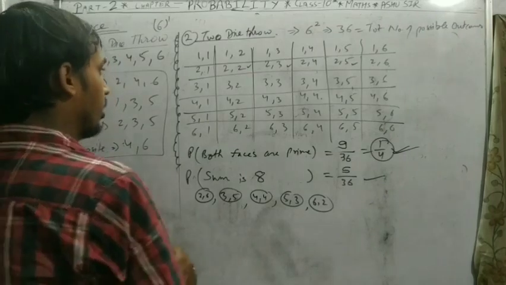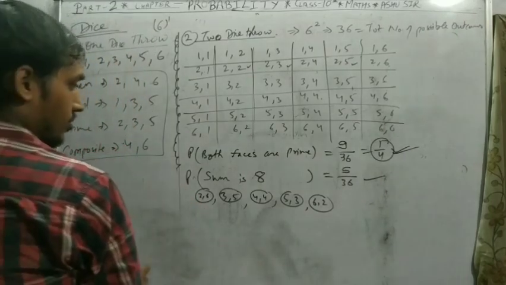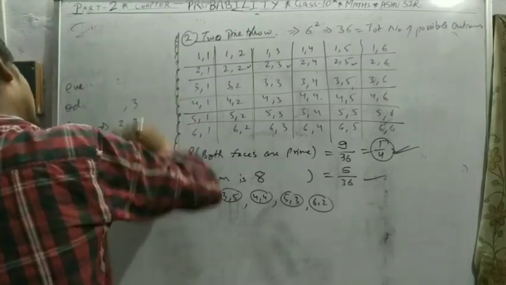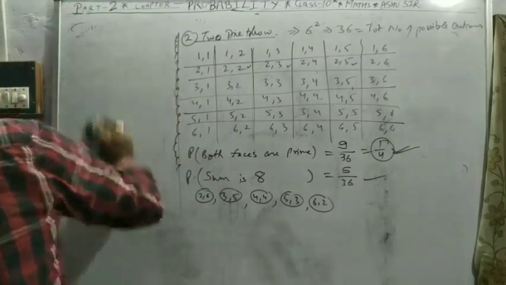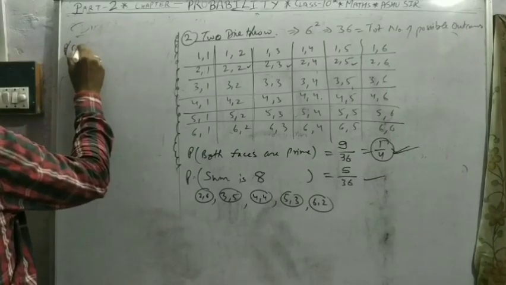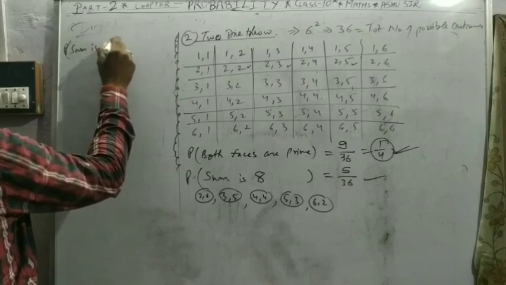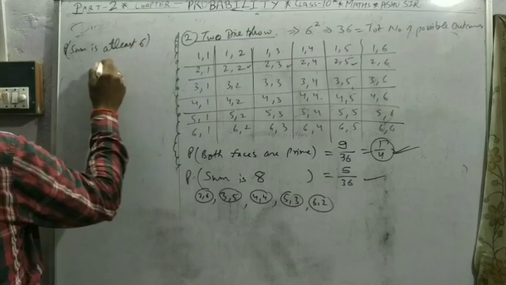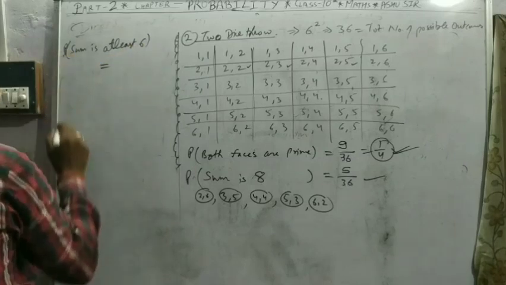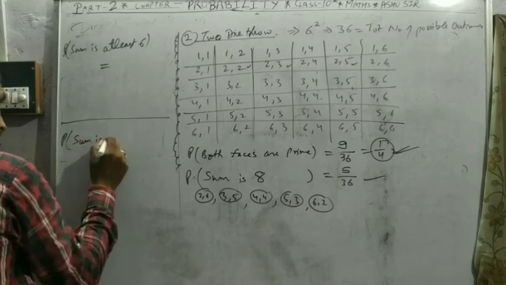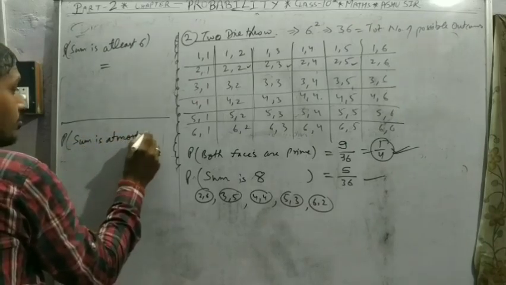Take one more example. If I say the probability of the sum is at least 6 and the sum is at most 6.